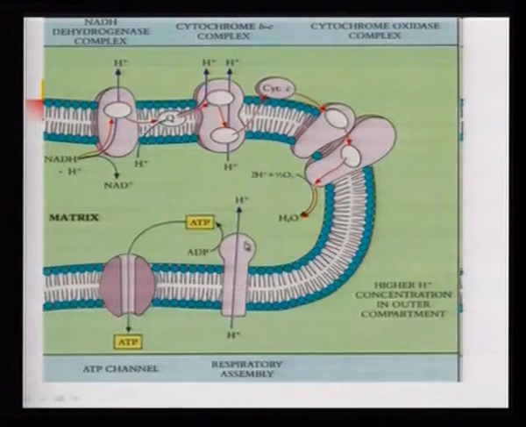There is a pore, this is a protein complex which allows the protons to rush to the matrix from the outer chamber, and as they do, the potential energy in them is utilized by the ATP synthase, that is the head of this elementary particle, to add the inorganic phosphate to ADP and generate an ATP molecule. So, this is the story of ATP generation in the electron transport chain.